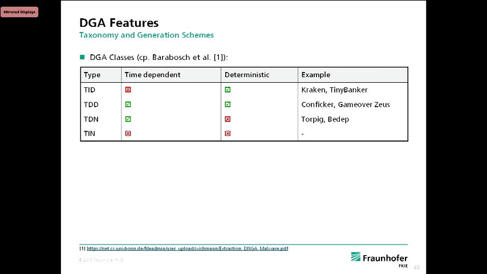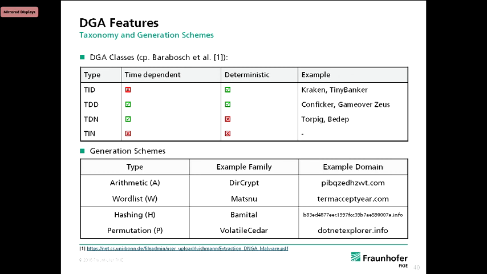Something close to that has been used by one APT, but not the exact case. And secondly, looking at the generation schemes, the first one, arithmetic, is the standard one, what you would expect when looking at DGA domains, those randomly looking domain names. The second variation would be word lists.